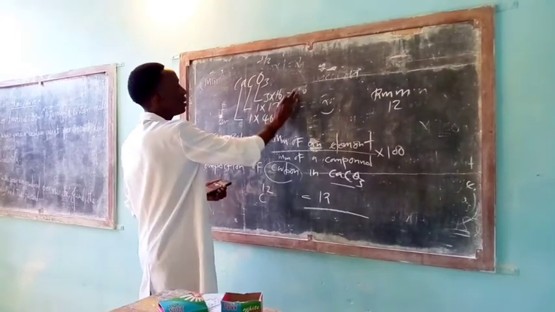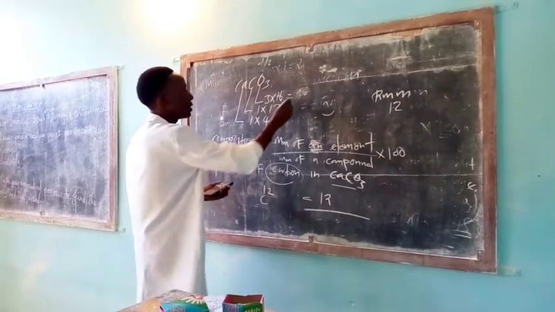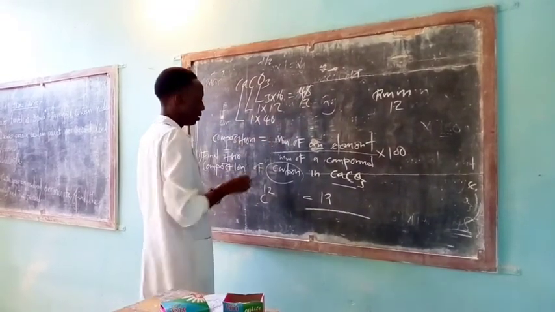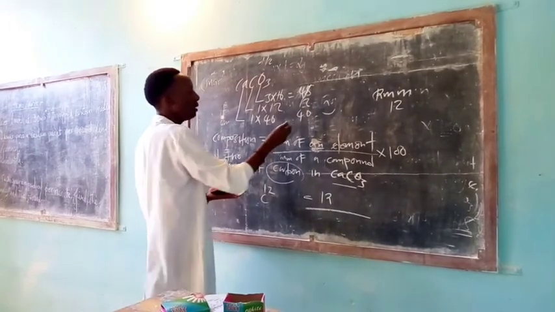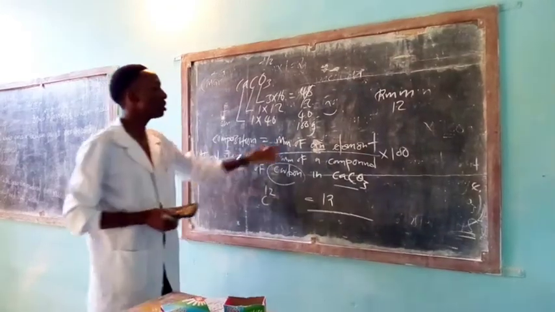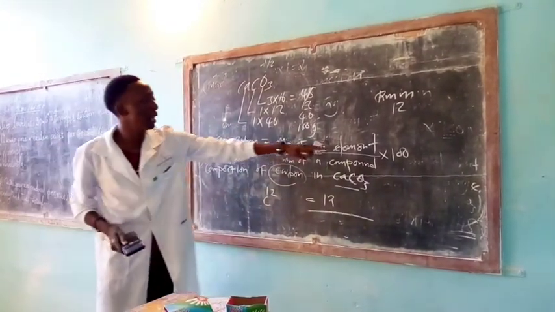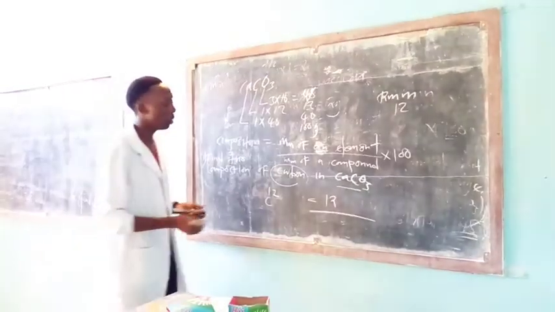No, it's not 96, pardon me. 3 times 16 is 48. Then this is 12, then this is 40. When you add them, you get what? 100 grams. So the 100 grams is the molar mass of what? Calcium carbonate. Remember, you're talking about an element divided by the compound that you've been asked about in the question. So you're going to say 100.